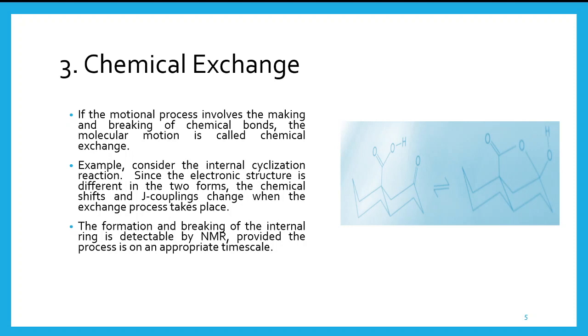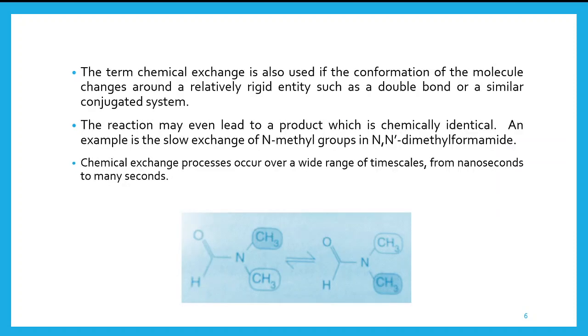Now the other kind of movement that exists in molecules is chemical exchange. You have the making and breaking of chemical bonds, and you have exchange between different conformations, from one structure to another. These processes can also be detected via NMR.